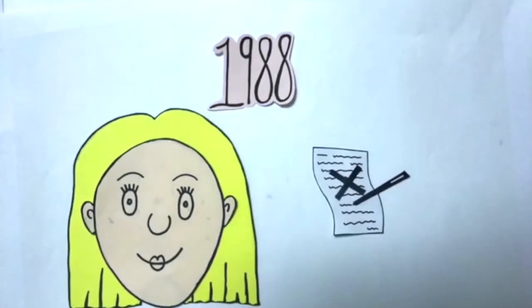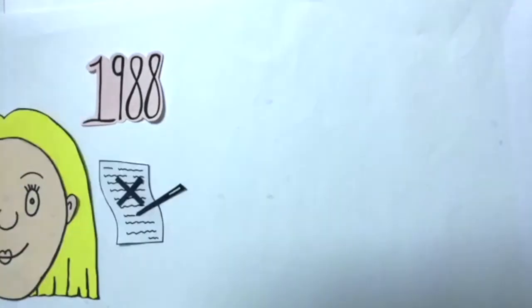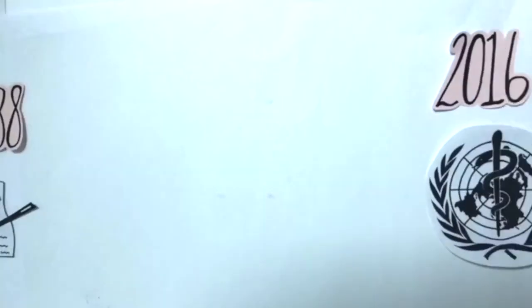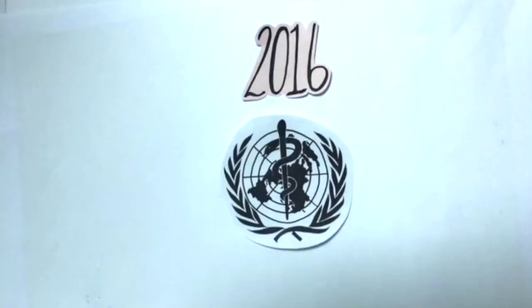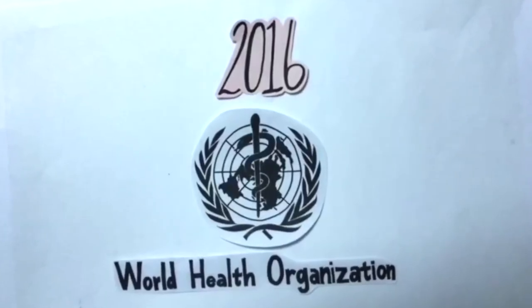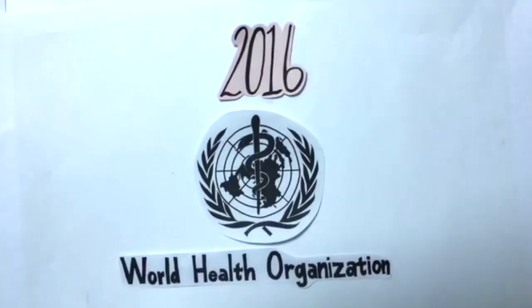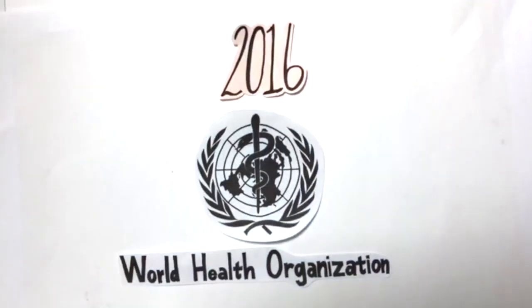In the same year, the patent ended, so generic packs of acyclovir were then available. So that brings us to the end of acyclovir's timeline, which ends in 2016, when the drug was put onto the World Health Organization's list of essential medicines, which means it was deemed the safest and most cost-effective medicine of its kind.